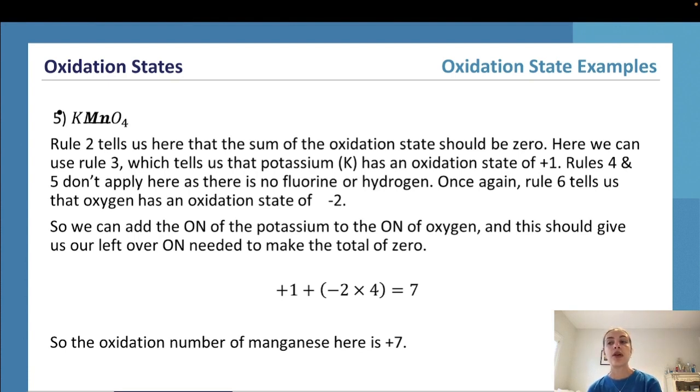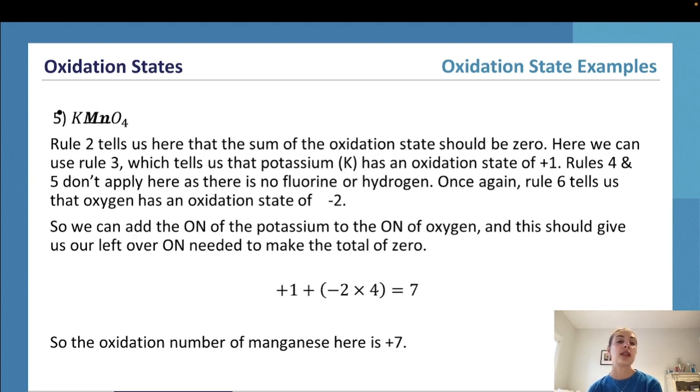So if we go through the oxidation states for the entire molecule, the oxidation state for the molecule as a whole, for the entire potassium manganate, is going to be 0. The oxidation state for potassium is plus 1. The oxidation state for the manganese is plus 7.